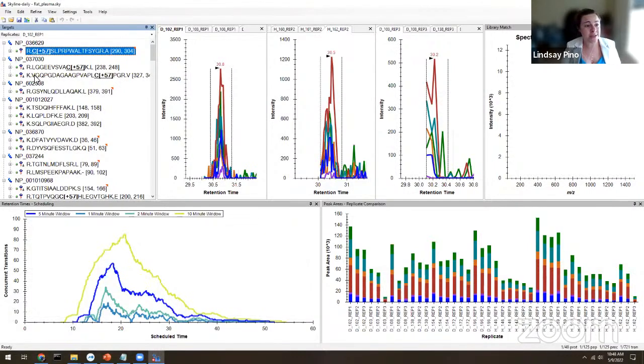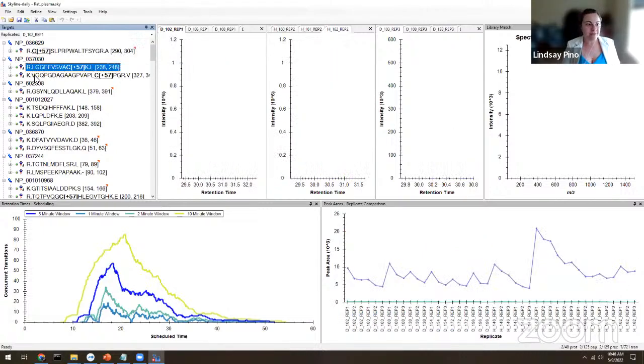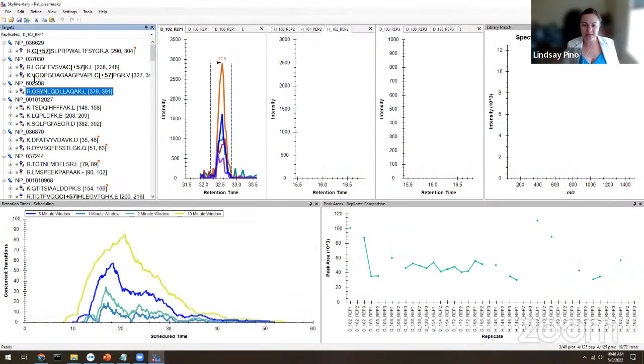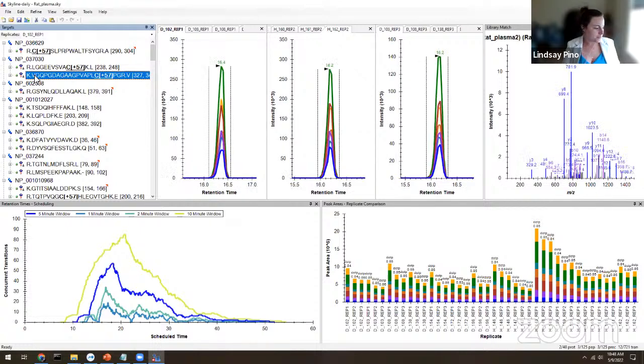Either this peptide actually isn't seen with DDA, or maybe in the sample that the DDA spectral library was collected on, this peptide wasn't present. For whatever reason, there's no spectral information for that first one, but the rest of them, you can see each one of them.